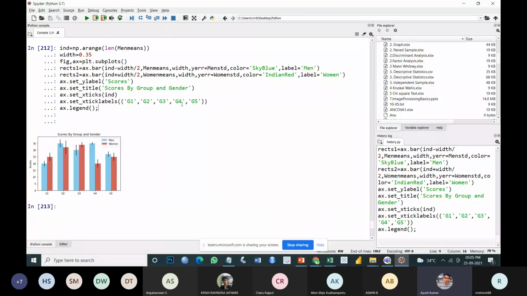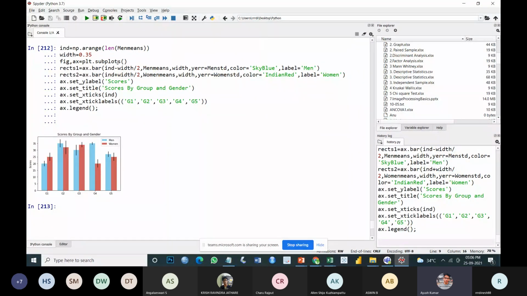So here ind equal to np dot arange of len of men means. Then width equal to 0.35. Then we can draw the subplot. Then we have two bar graphs. The entire width we are dividing into two.